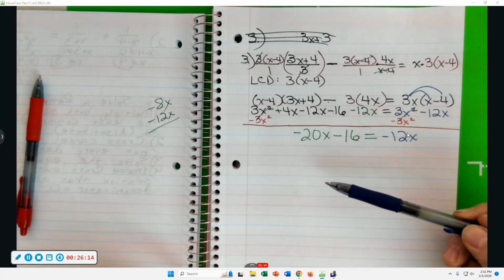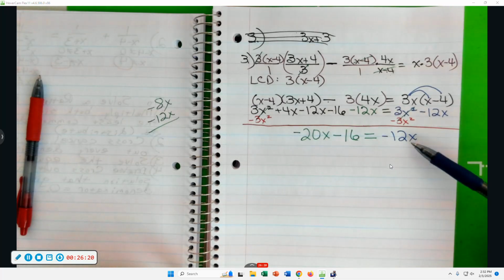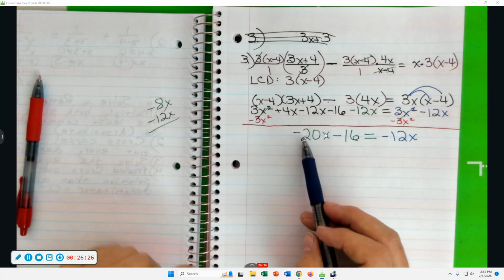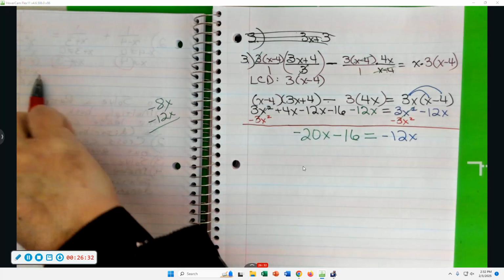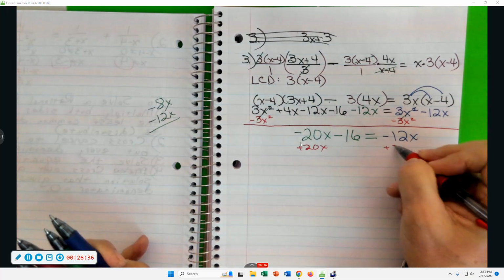I think I'll do this in a way to minimize the number of negatives popping up. I'm going to move this minus 20x over here and combine it with the negative 12x. So that's a negative 20x. When you move it over, what's it going to become? A positive 20. You're thinking to yourself, plus 20x, plus 20x.